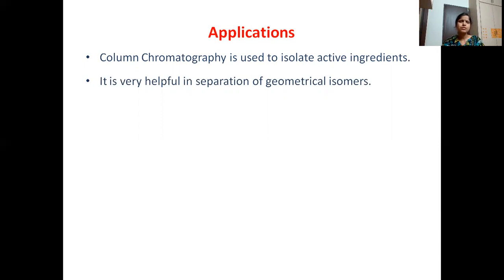If the trans isomer is more adsorbed onto the stationary phase, then the first eluted isomer will be cis. Sometimes the cis isomer may have strong adsorption towards the stationary phase, and then the trans isomer will be eluted first. Based on the affinity between the isomers and the stationary phase, the separation can be easily done.